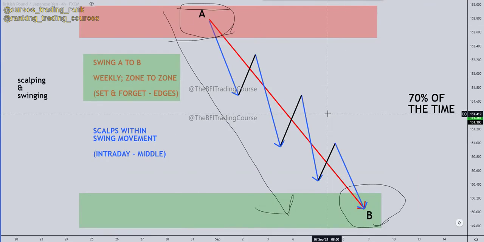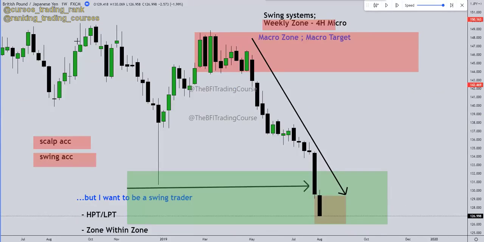Forget about it. Okay, and you're taking weekly zone to zone. This is not something you check every day. Maybe every Sunday you check it. And then if you're more day to day, you can do that.